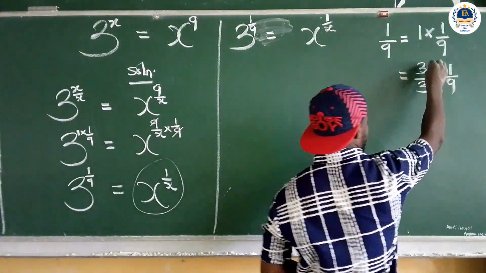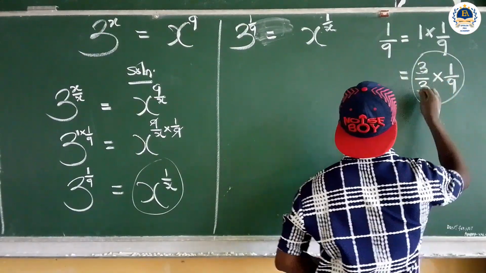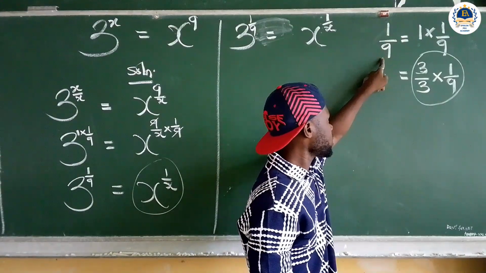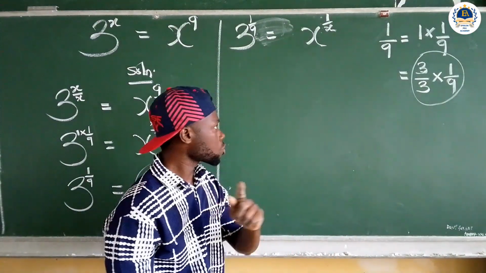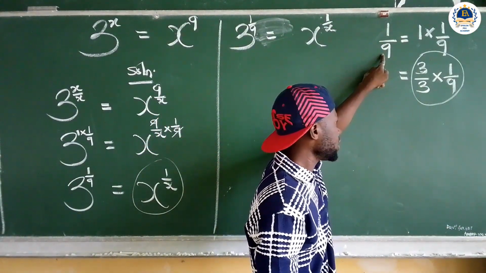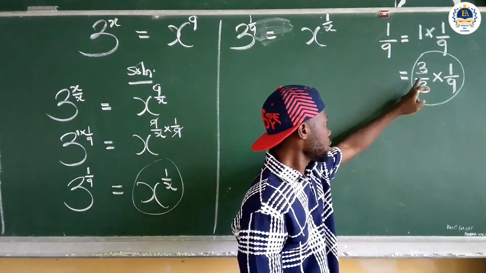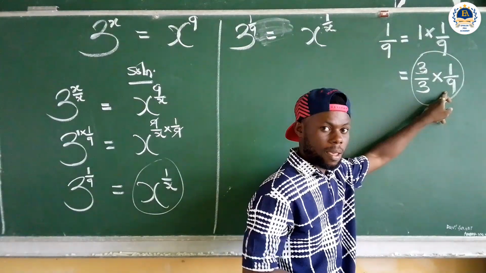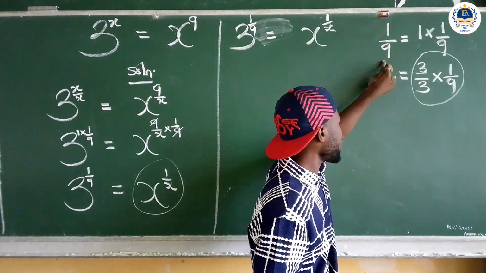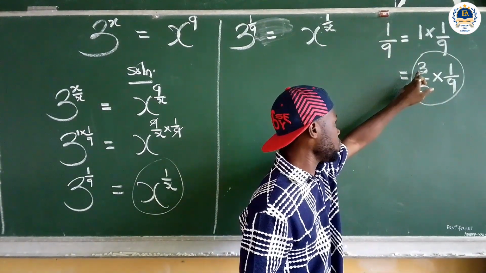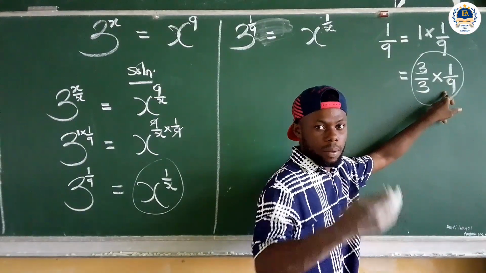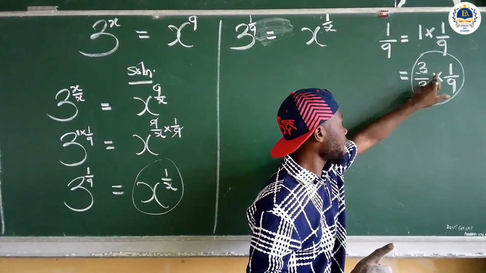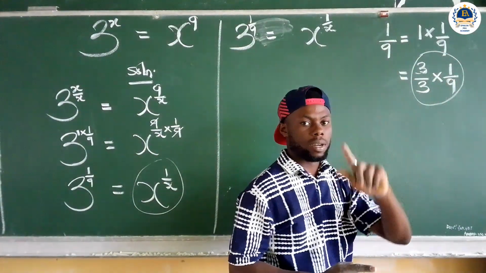Let's bring this to this place. Remember, 1 over 9. Take note, 1 over 9 is literally the same as 3 over 3 times 1 over 9, because 3 divided by 3 is 1, then times 1 over 9, which is still 1 over 9.